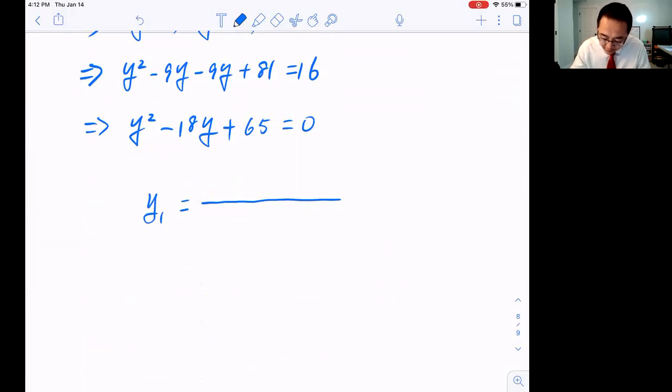So negative negative 18 is positive 18, okay, plus the square root of 18 squared minus 4ac. A is 1 because in front of y squared is just 1 times y squared. So that's 4 times 65. Right, and then divided by 2a, which is just 2, okay?